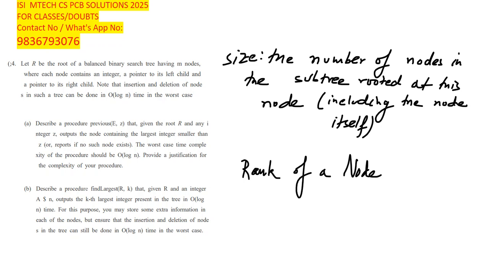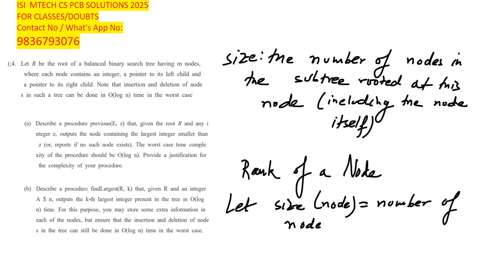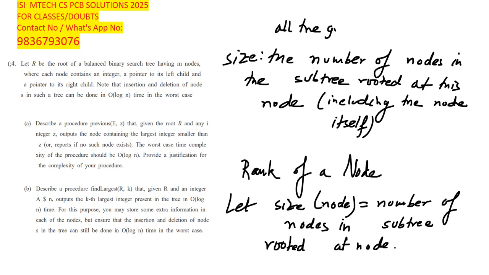So let size(node) be the number of nodes in the subtree rooted at node. So then in a binary search tree, the right subtree contains all the greater elements.